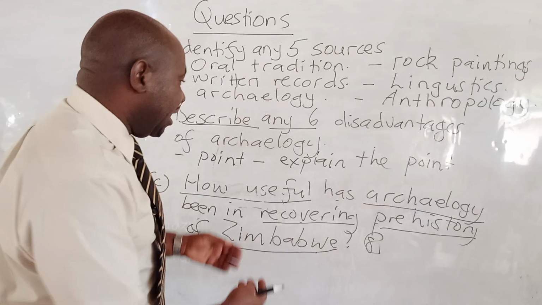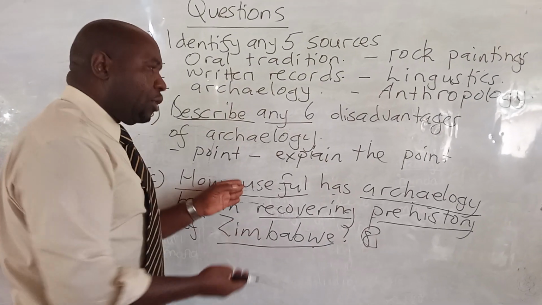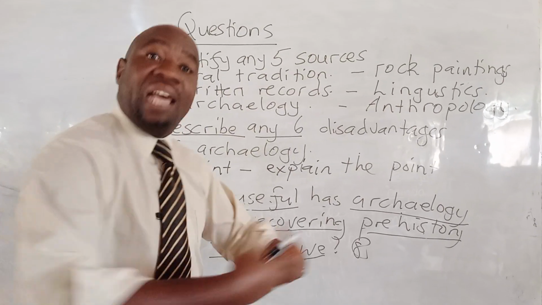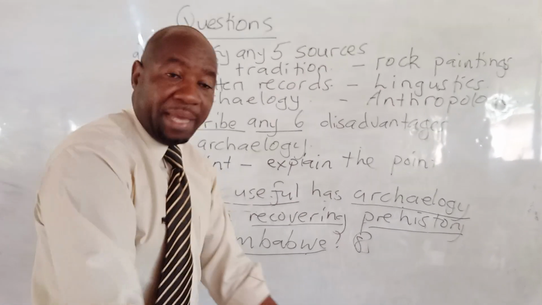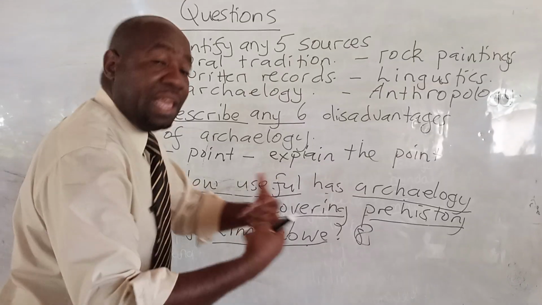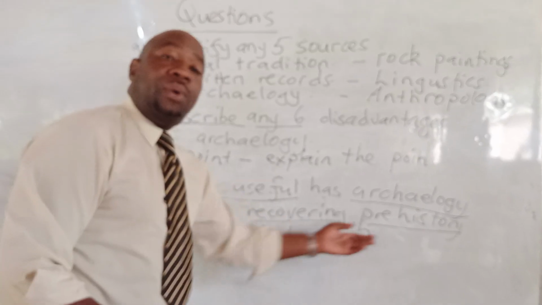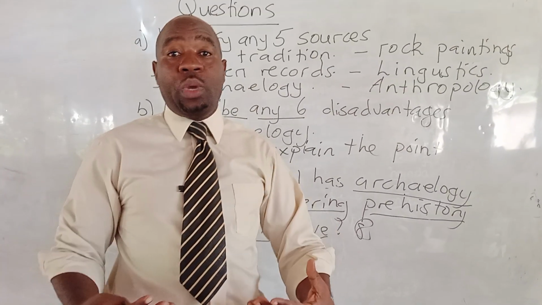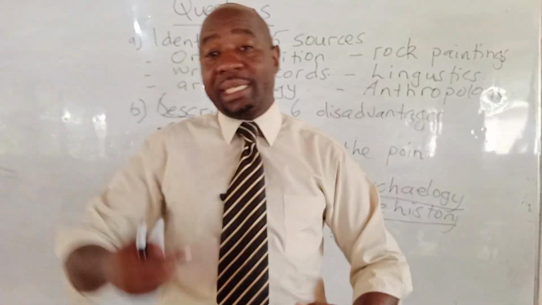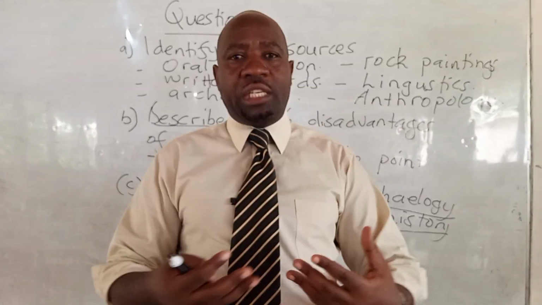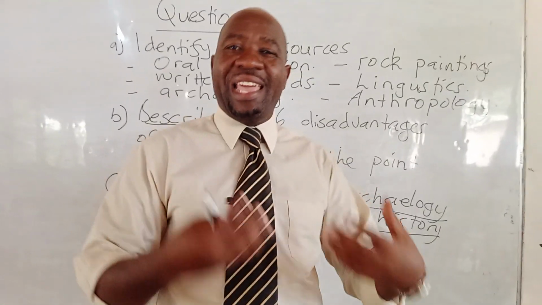Or you can say that although archaeology is useful, on the lesser extent you talk about the other sources. It is complemented by the other sources, so that the other sources give us a lot of information on prehistory. So on part C, make sure that you have got judgment, greater extent, and also lesser extent, so that you are in level 3, 8 marks.